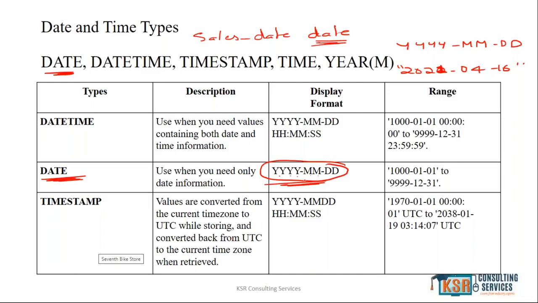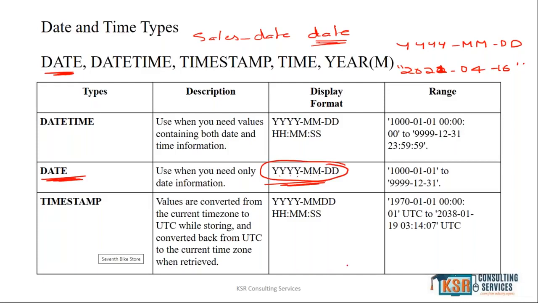Now this is fine. Where will you use this? Maybe if someone is asking an employee's date of birth. But when you ask an employee's date of birth, do you store what time he was born? Is it required?